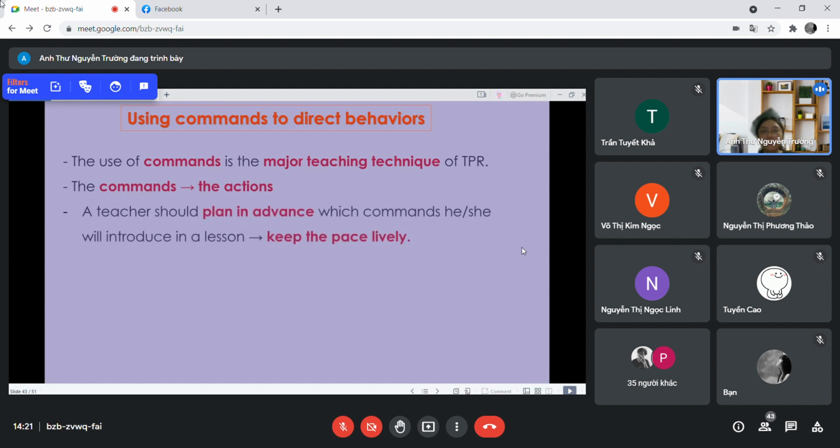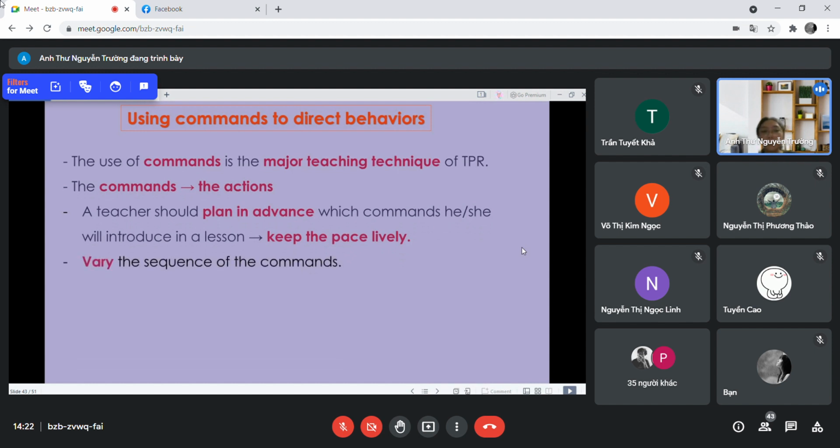Since the action suggests that we should keep the pace lively, it's necessary for a teacher to plan in advance which commands he or she will introduce in a lesson. If the teacher tries to think them up during the lesson, it will be too slow, or the lesson will be a little bit boring for the students.